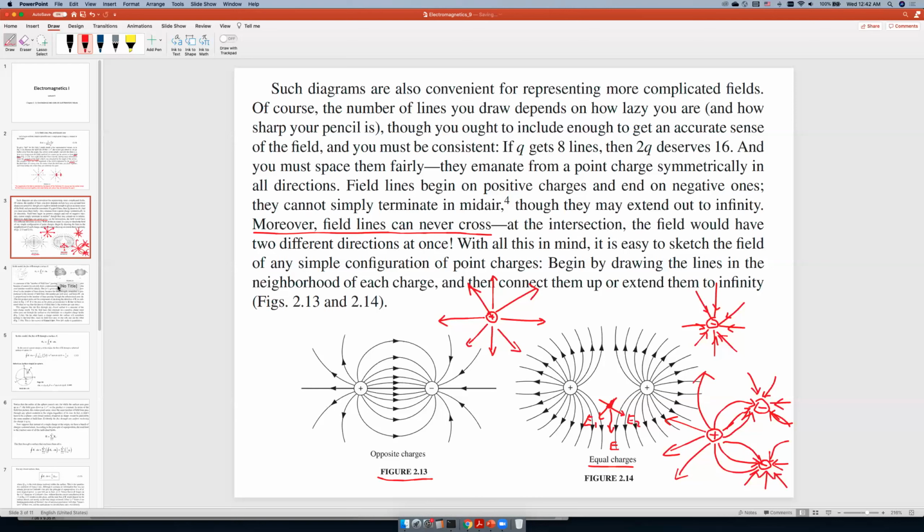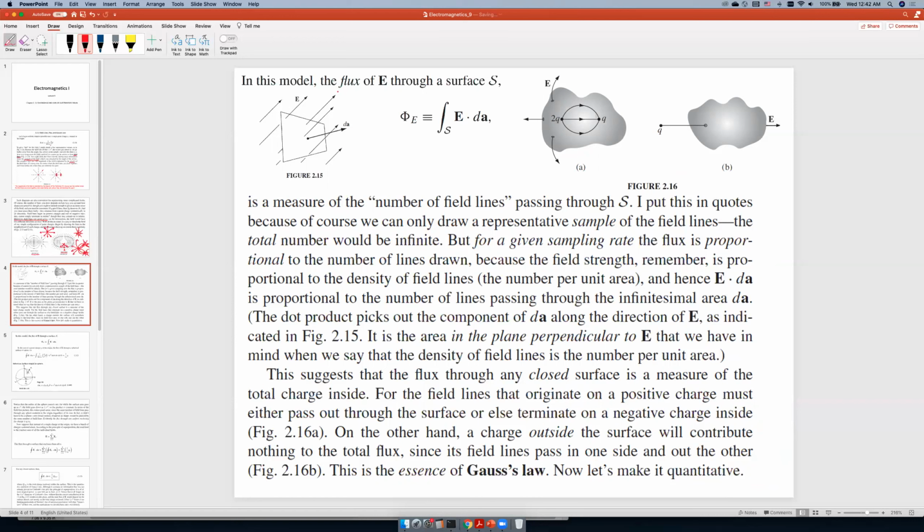Okay, now we have introduced the electric field lines. Another concept we're going to introduce is the flux of electric field E through a surface.